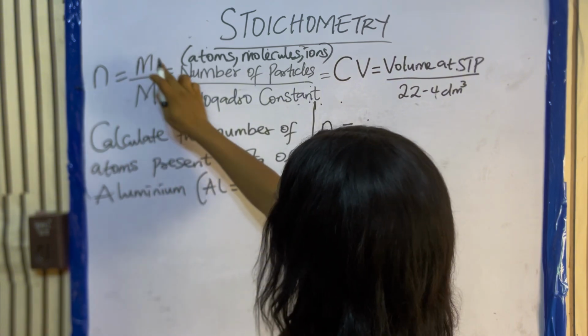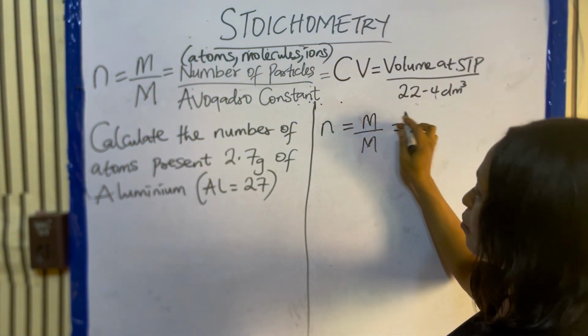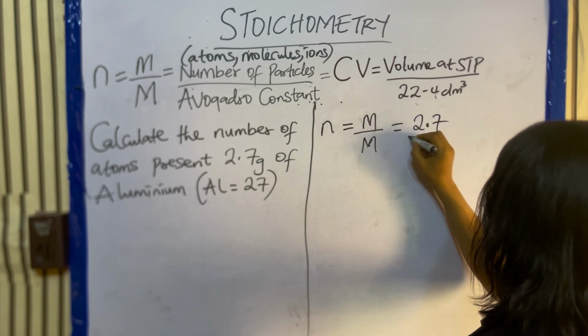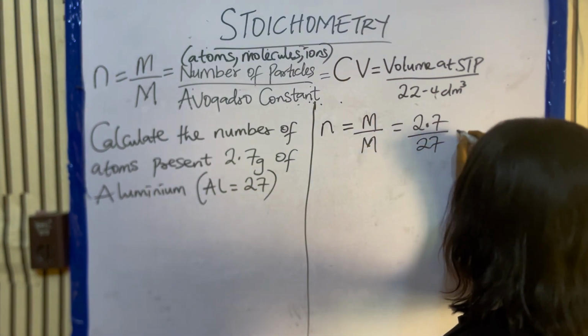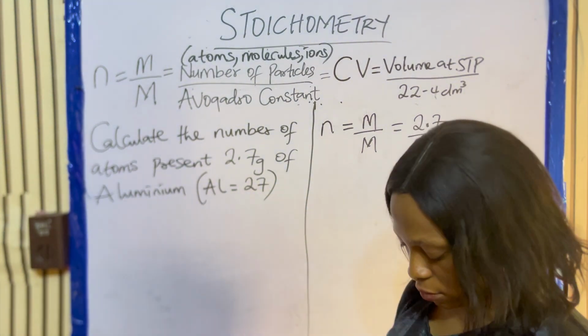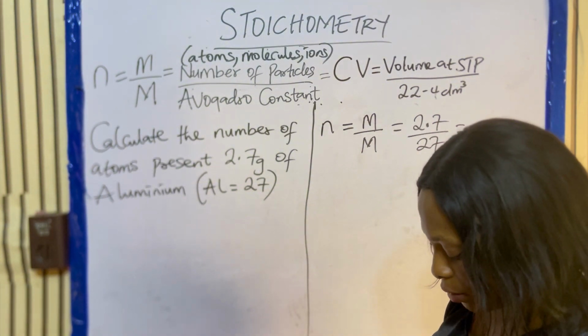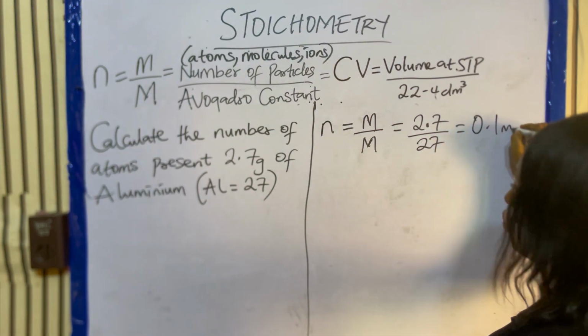Number of moles is equal to mass in gram over molar mass. So mass in gram is 2.7 over molar mass. Molar mass of aluminium is 27. So we press our calculator. 2.7 divided by 27, we have 0.1 mole.